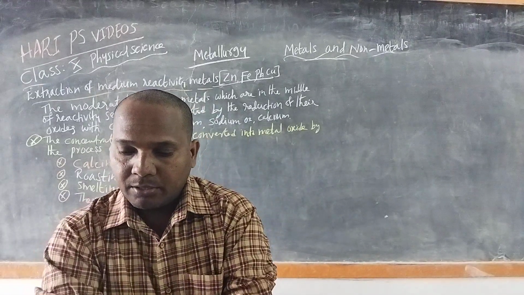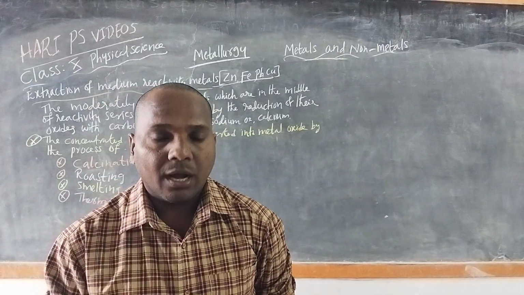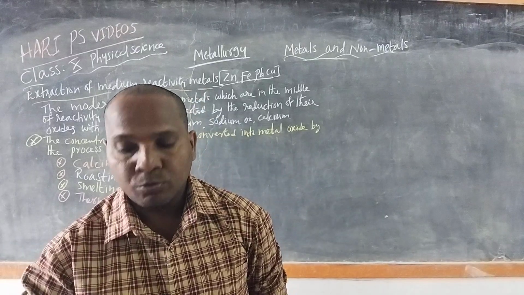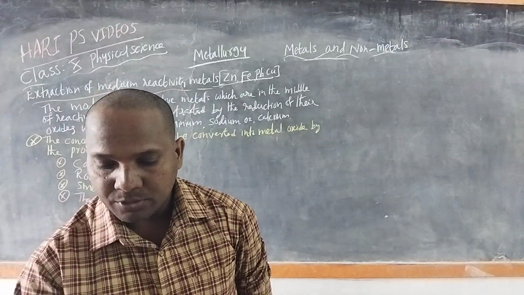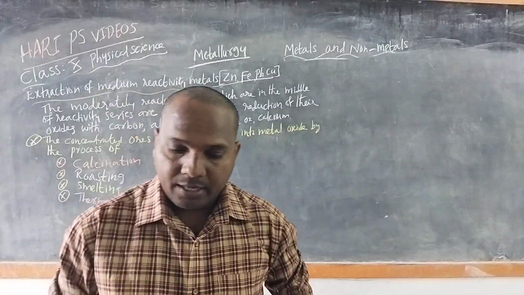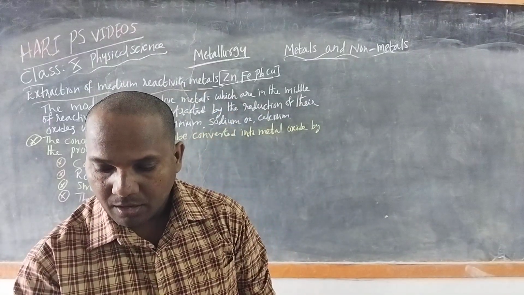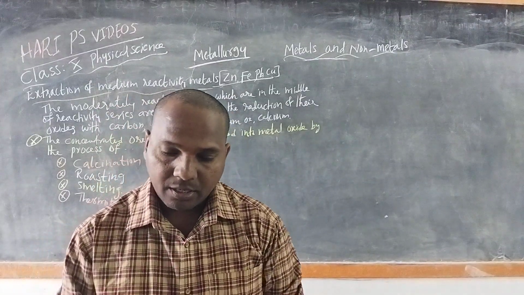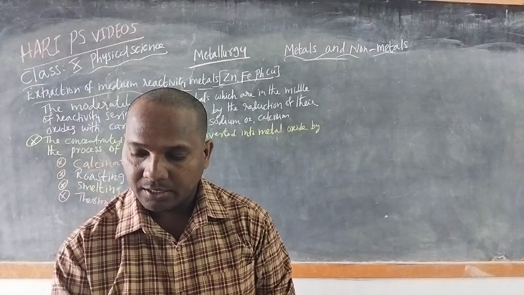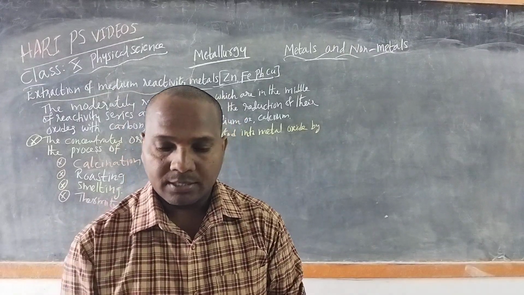The oxides of comparatively less reactive metals like zinc, iron, nickel, tin, lead and copper are usually reduced by using carbon as the reducing agent. In the reduction by carbon, the metal oxide is mixed with carbon and heated in a furnace. All the reactions take place in the furnace. There are different types of furnaces, which we will discuss later.